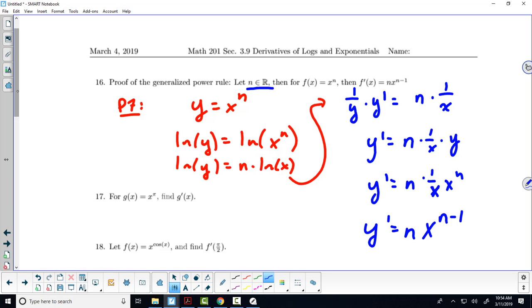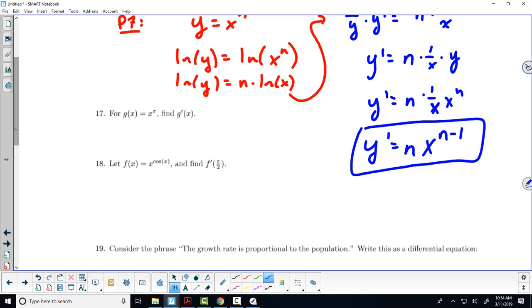By your properties of exponents. And so what have we just proven? We've just proven the generalized power rule that we've been using for a long, long time. Okay? So if I tell you that g of x is equal to x to the pi, what is g prime of x? It is pi times x to the pi minus 1. Okay. Now, folks, correct my mistake.